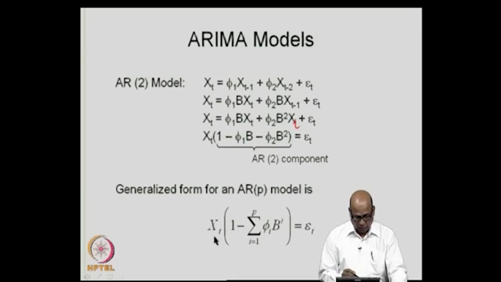So, in general you can write it as x t into, look at this, 1 minus the summation I is equal to 1 to 2 of phi I B to the power I. So, for the pth order AR model, we write this as x t into bracket 1 minus summation I is equal to 1 to p, so many terms of the AR model, phi I, phi 1, phi 2 and so on, B to the power I. So, B to the power 1, B to the power 2, the negative is outside of the summation, and the right side is epsilon t.